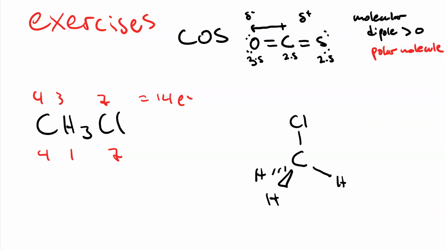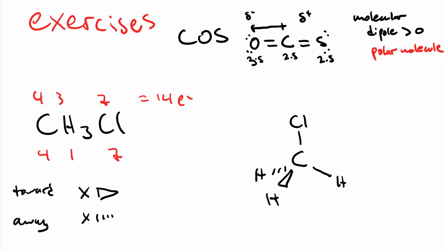This is using perspective to try and communicate three-dimensional data. Atoms that are at the end of a wedge-shaped bond are coming toward you, and atoms at the end of a dash-shaped bond are going away from you. So here is our tetrahedron.